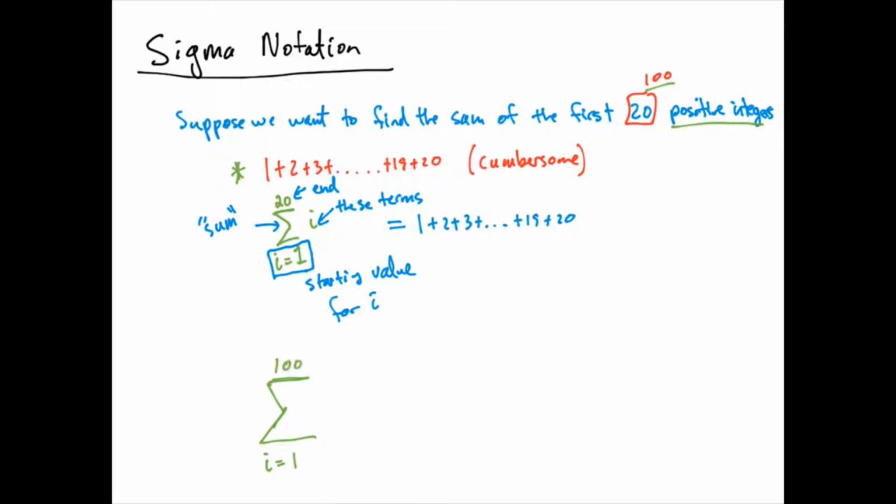We're going to end at 100, and then this is going to be i here, kind of like our function. It's not really a function, but we can think of it somewhat like that. So again, this would be equal to 1 plus 2 plus all the way up to 99 plus 100.